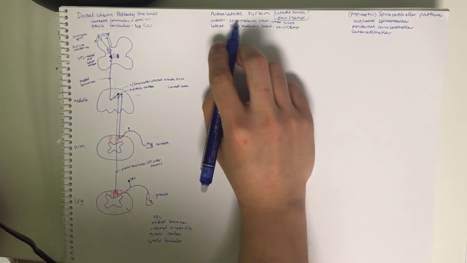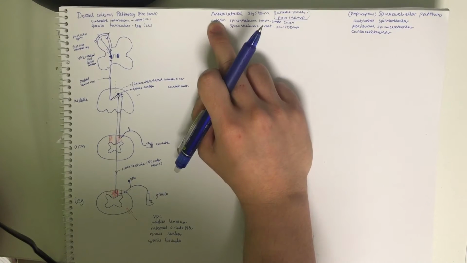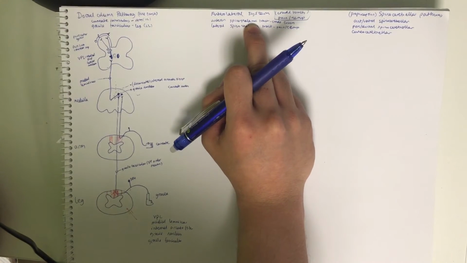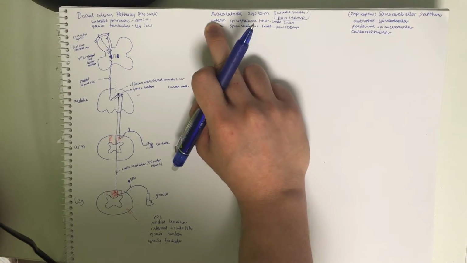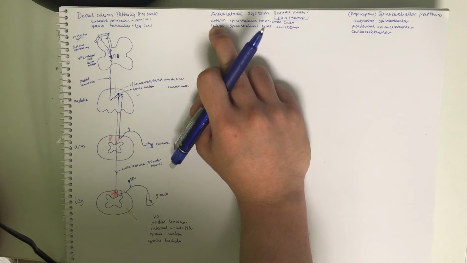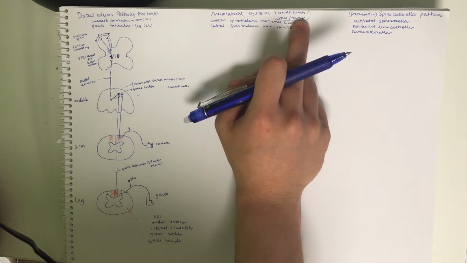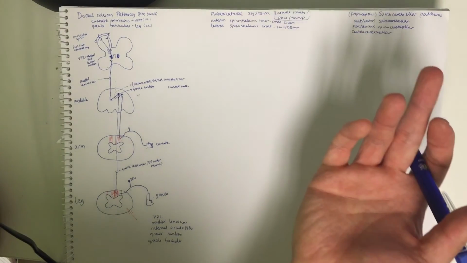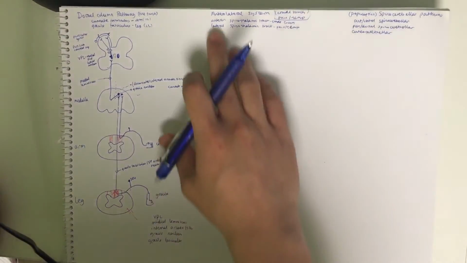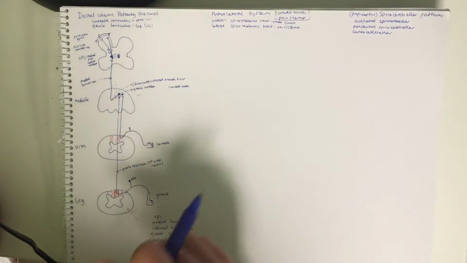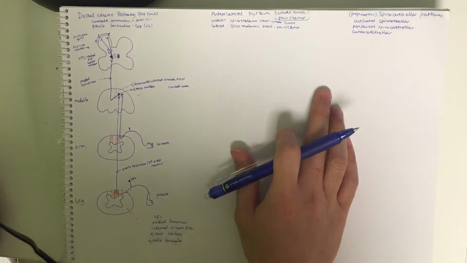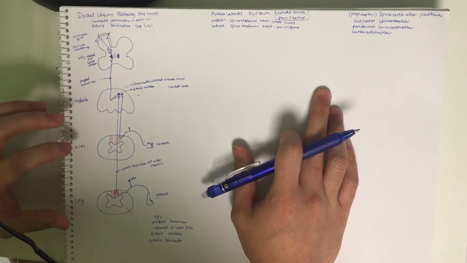Now, you can remember however you want to remember it, but I just remember anterior spinothalamic tract is A, like the first letter of the alphabet, and it's crude touch. Or C is also closer to the first letters of the alphabet, so lateral is pain and temperature. So that's how I remember it. A is with C. You can remember however you want, but this is how I do it.